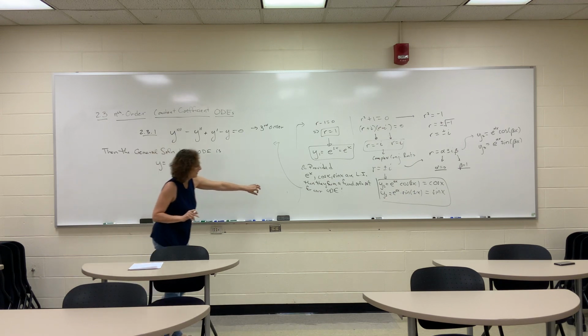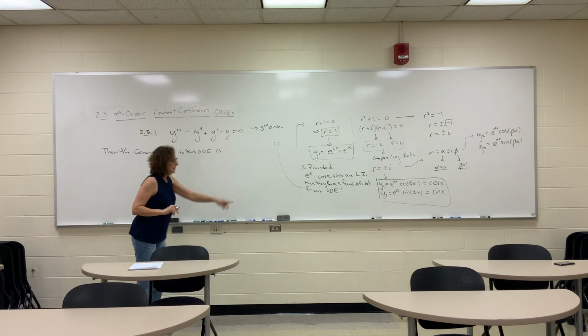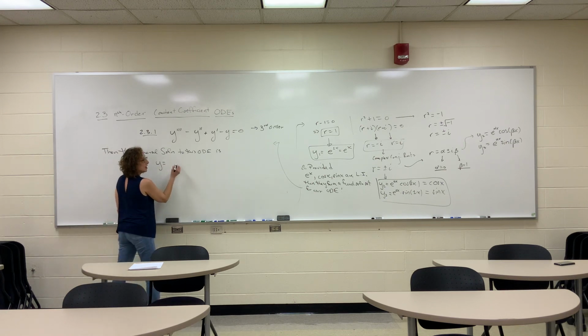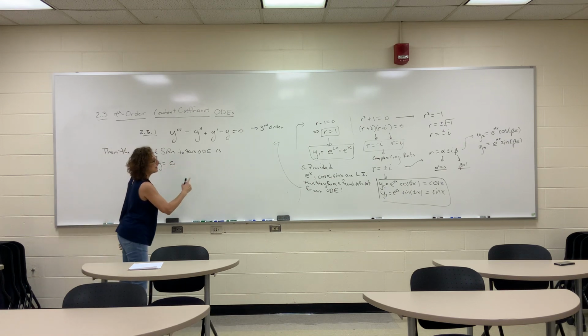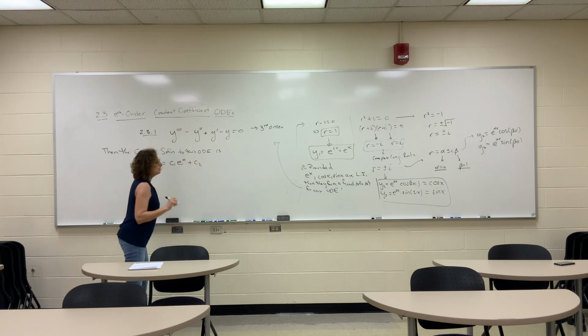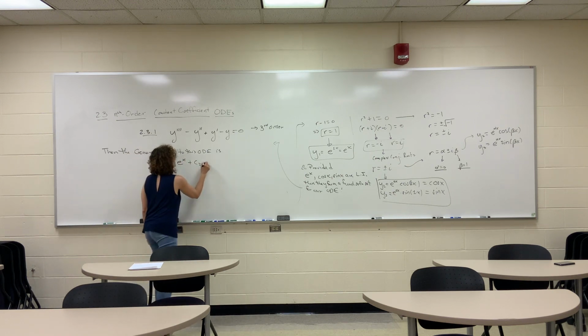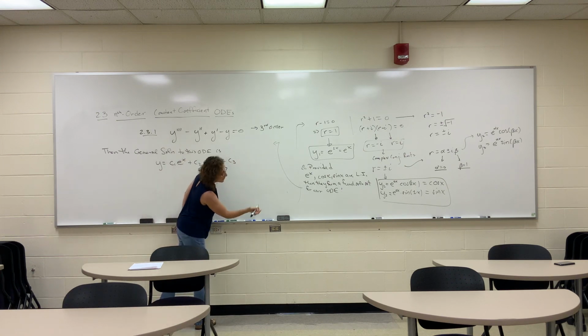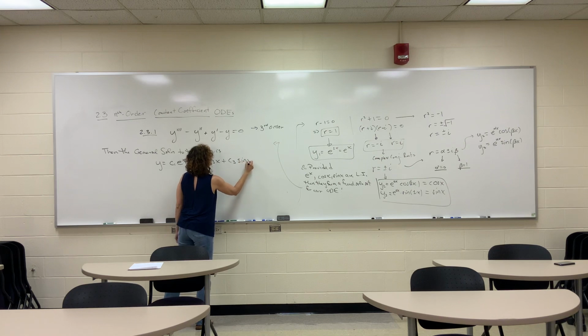We're still going to go back and talk about this. But provided they are, then the general solution is a linear combination, so C1 times y1, which is e to the x, plus C2 times y2, which is cosine x, plus C3 times y3, which is sine x.